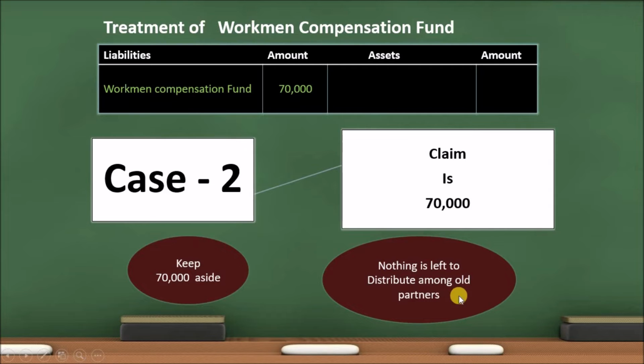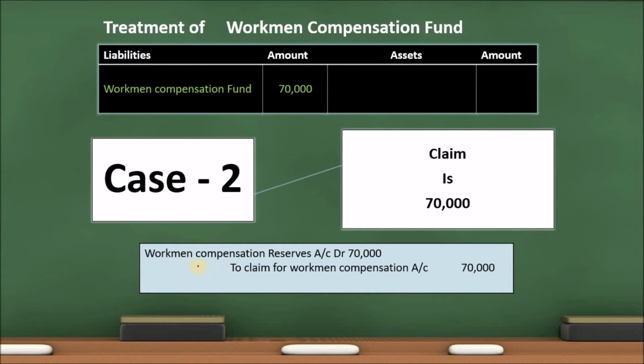The journal entry will be workmen compensation reserve or fund account debited 70,000, and the liability which arises out of this is claim for workmen compensation account 70,000. Here partners' accounts are not credited because we are not left with any fund to be distributed.